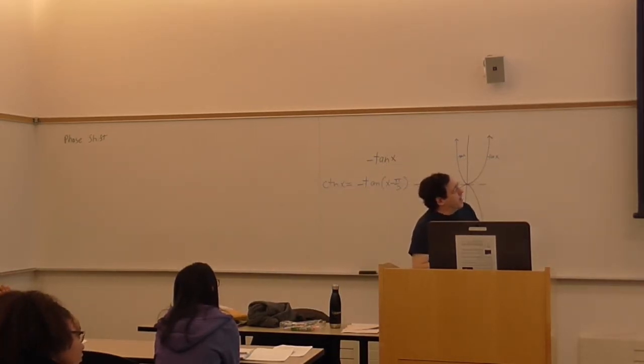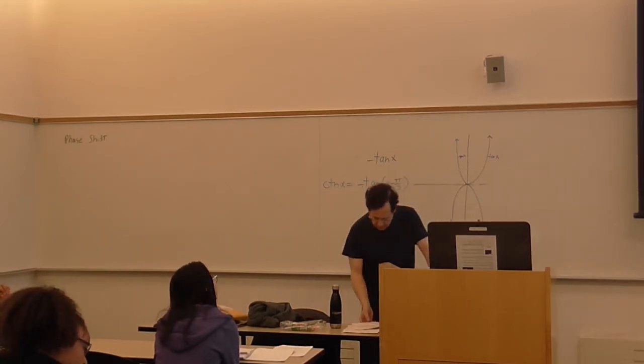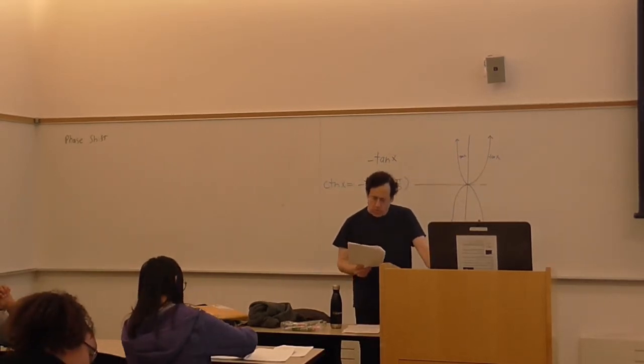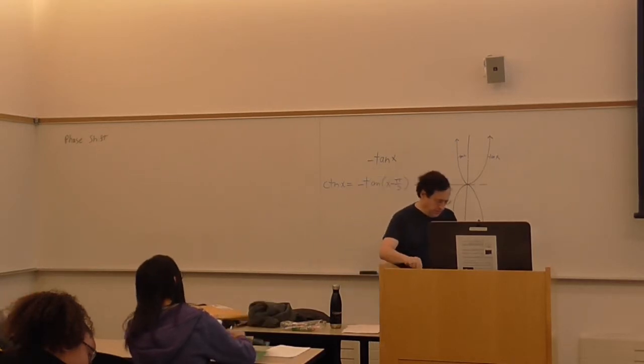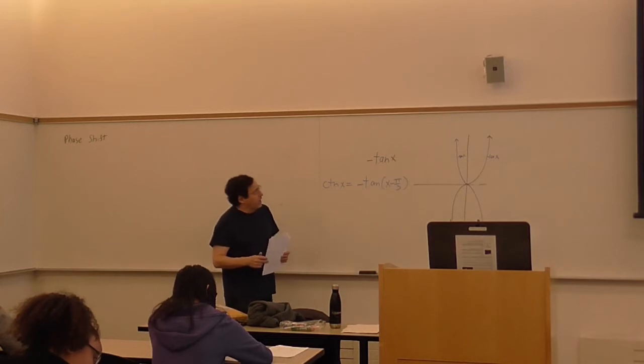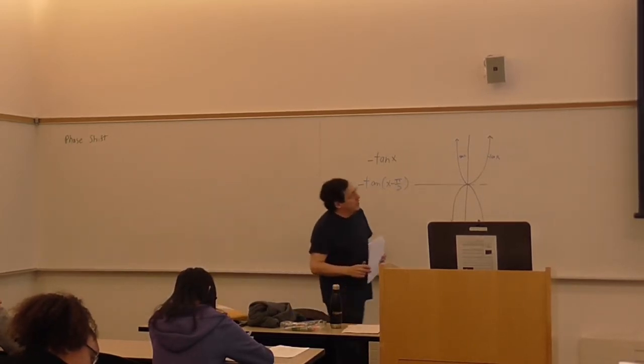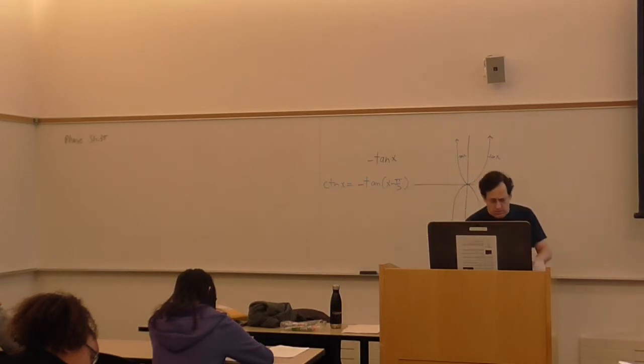And you can see from the graph, it has very similar features. Again, I have my list of questions. So where is the cotangent not defined?